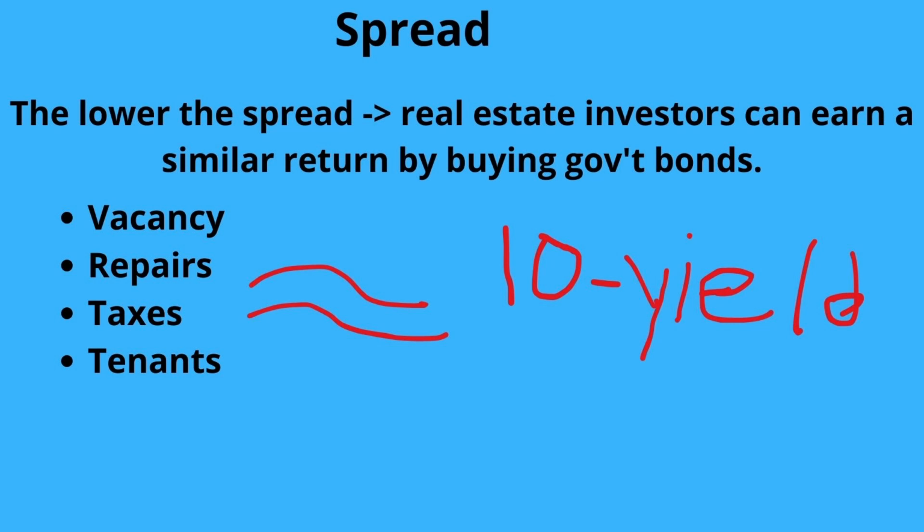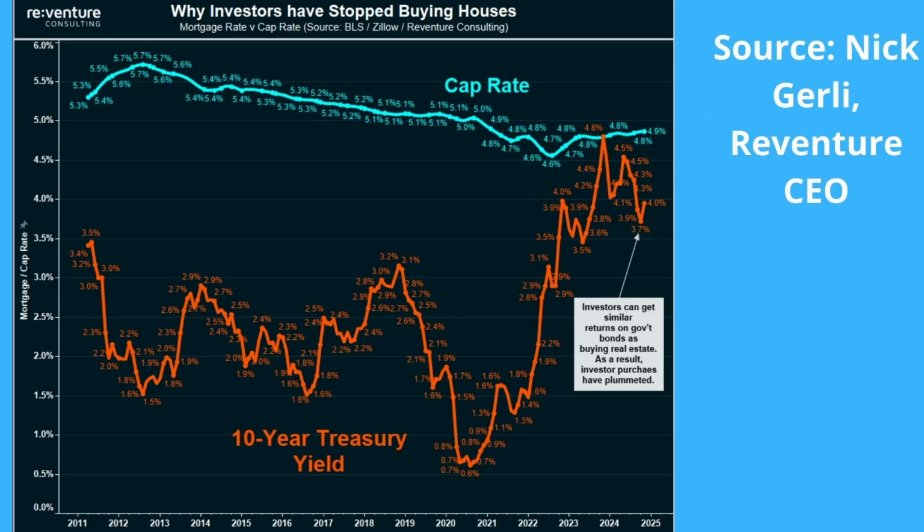I get a guaranteed return without the headache. So this is from Nick Gurley's account, Reventure CEO, which is a good page for analytics. It looks at real estate data. You can see the 10-year Treasury in orange just climbing up since 2021 as the Fed cycle of rates increased, from almost 0.5% to when it peaked at 5% in late 2023.